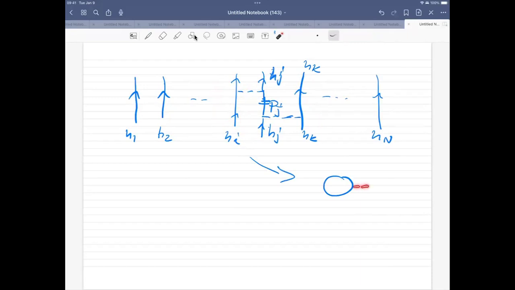So this diagram could look something like this. If I insist on this labeling with Hi, I would here have an H of K, I would have a P of J, and an H of J here.